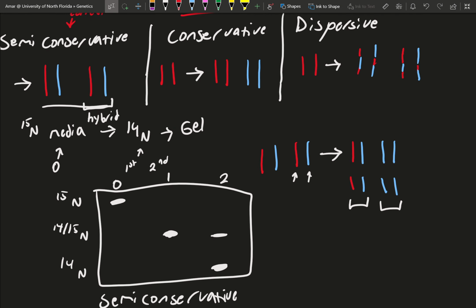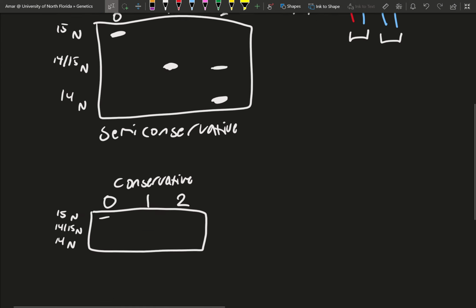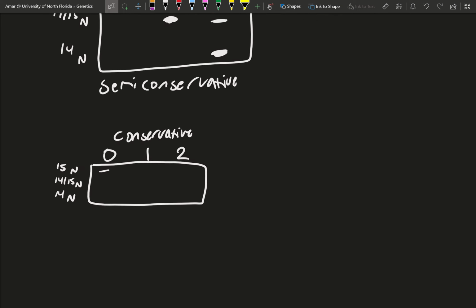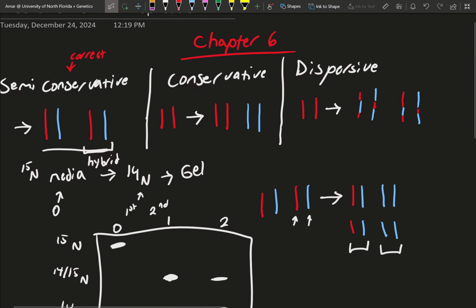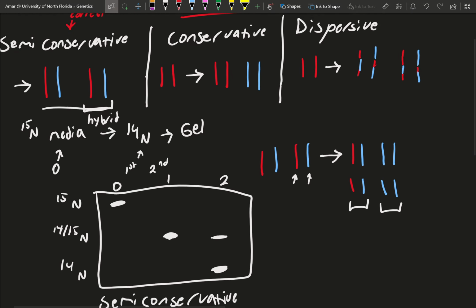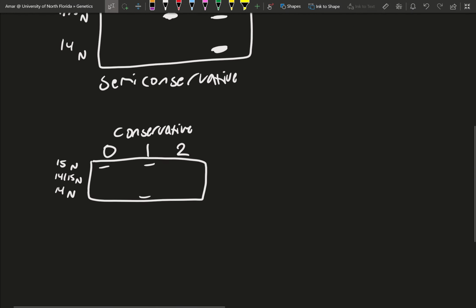One of these duplexes has the N15 and one has the N14. So you have two bands, one at the N15 mark and one at the N14 mark. After replication again, you would end up with more N15 and N14, so you would end up with something like that.